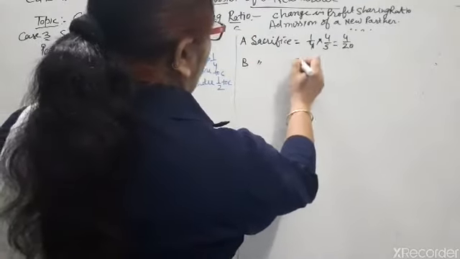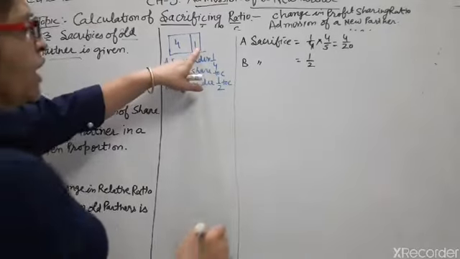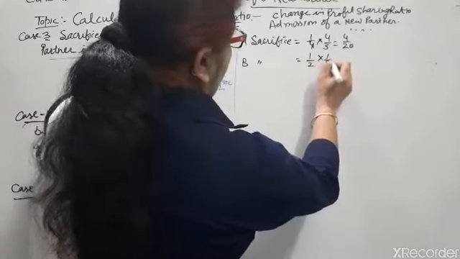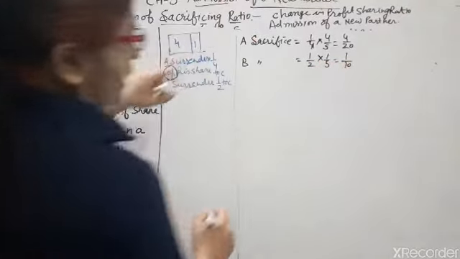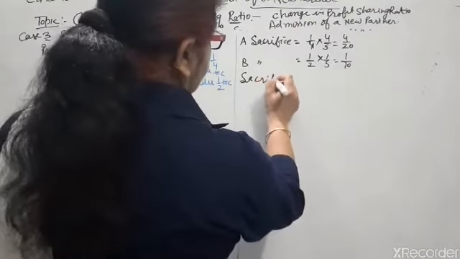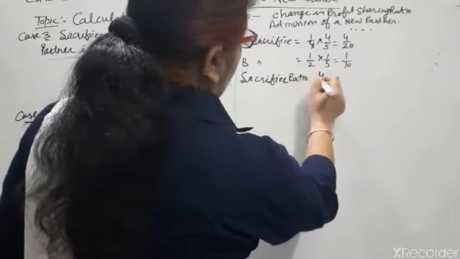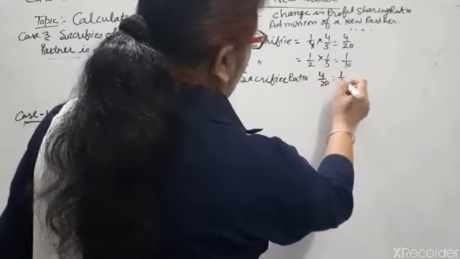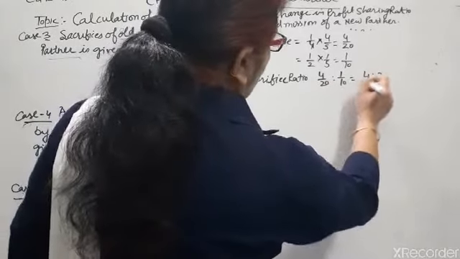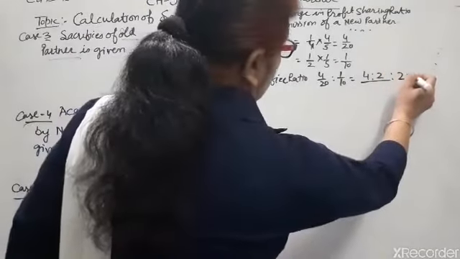And B sacrifices 1 by 2 of old ratio 1 by 5, that means 1 by 10. So the sacrifice ratio is 4 by 20 and 1 by 10, which is equal to 4:2, that means 2:1.